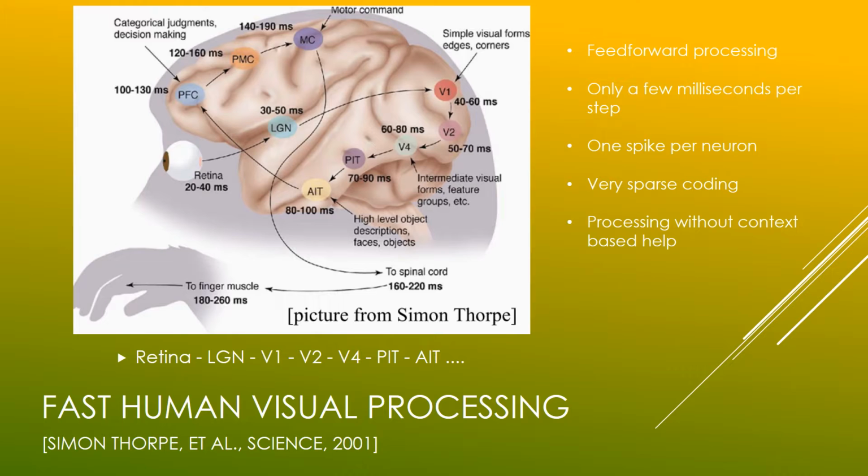So you can see that first the eyeball gets the signal, and here you see the simple edges and corners are formed, and then the intermediate visual forms such as features are formed, then the higher level features such as faces and objects are formed. Then those faces and objects are categorized, and then, for example, face recognition knows who's who, and then you make an action, should you run away from this person or smile to this person. So this is very similar to what a very deep neural net is doing.